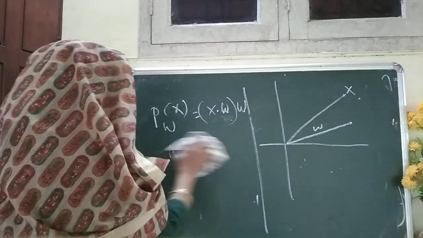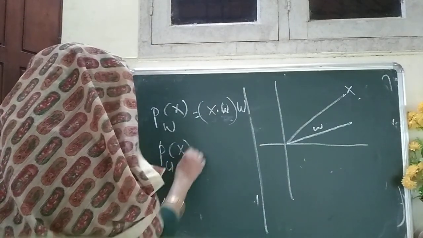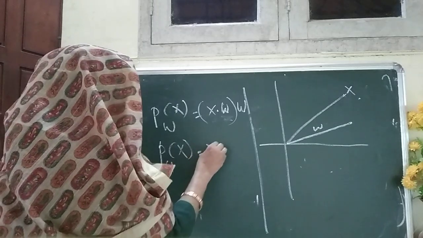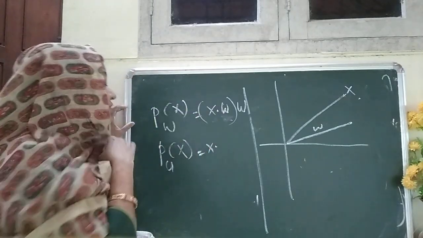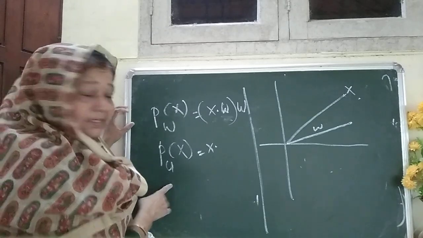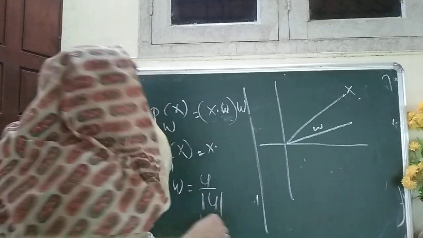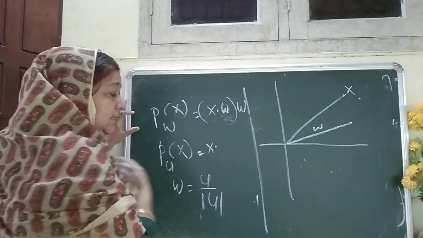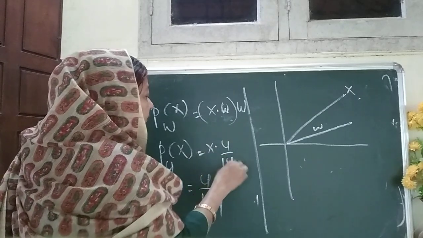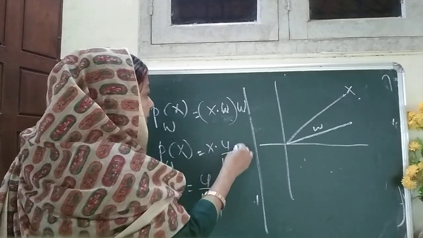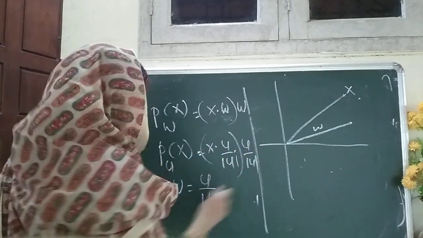So, if u is any vector and w is the unit vector, what may w be? w equals u by modulus of u.